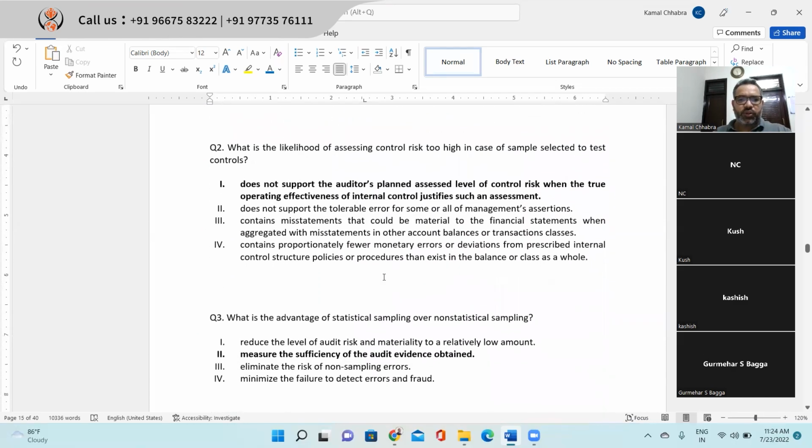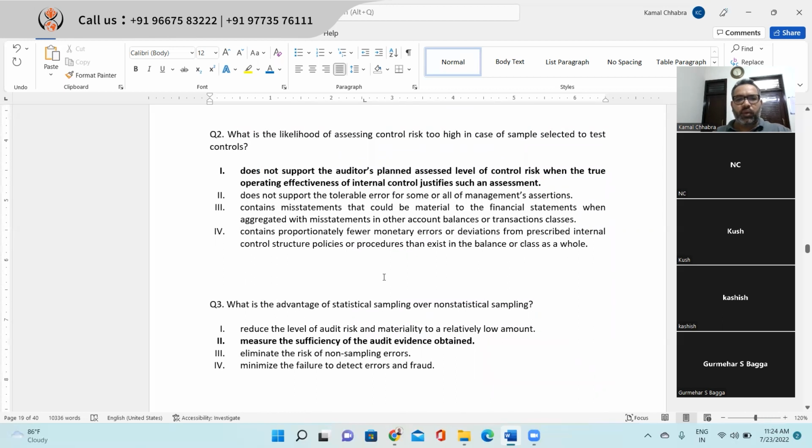Okay, second question: what is the likelihood of assessing control risk too high in the case of a sample selected to test the control?